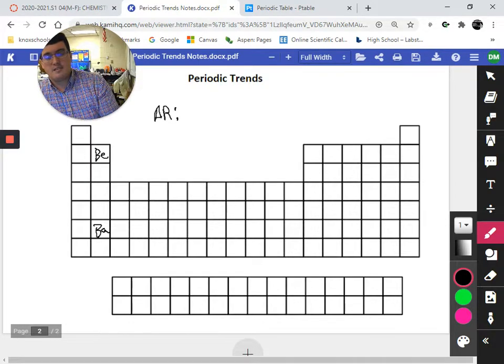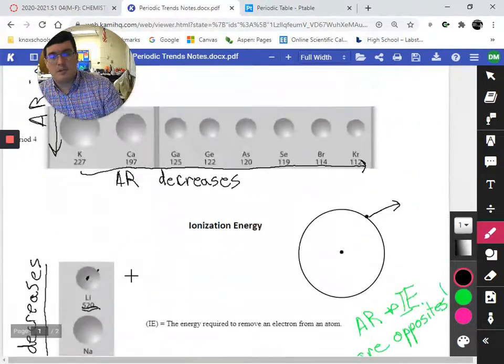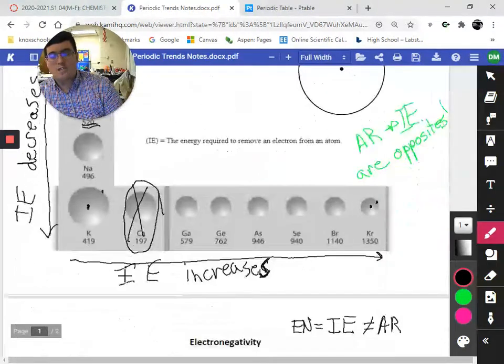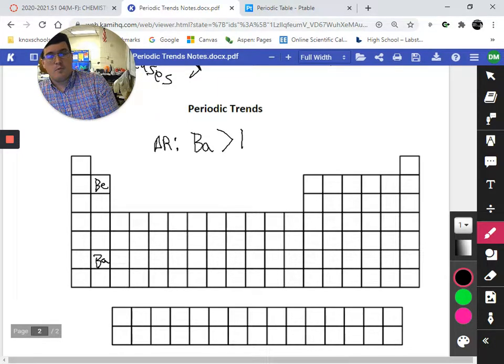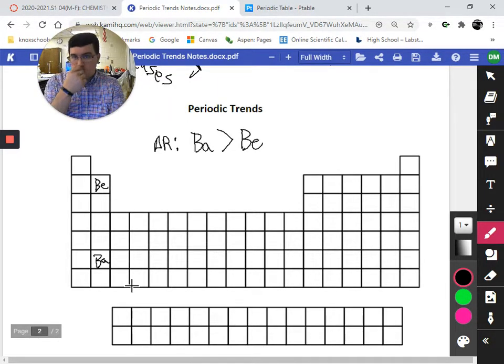Remember, as we go down the table, atomic radius increases. So which one's bigger? Well, we increase going from beryllium to barium, so barium has to be bigger than beryllium. A shorthand way to do that is just put the greater than sign pointing to barium.